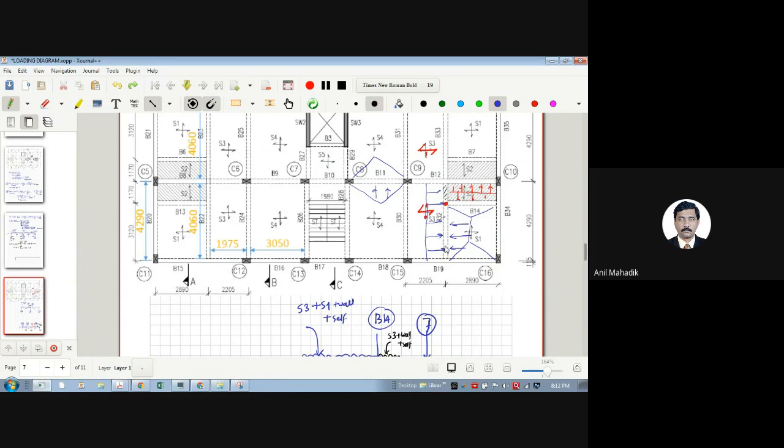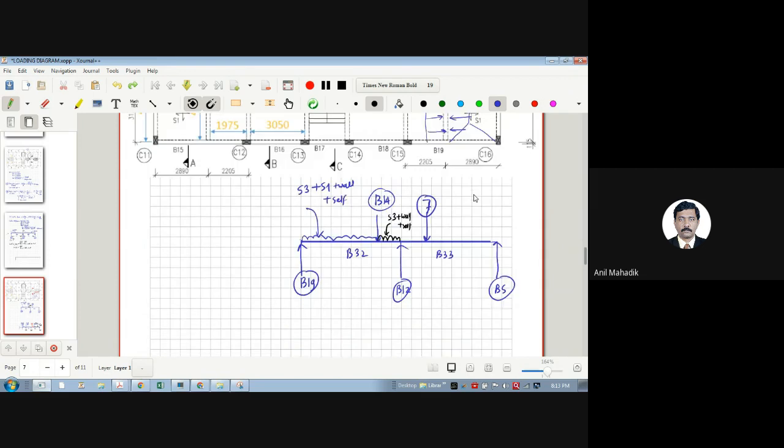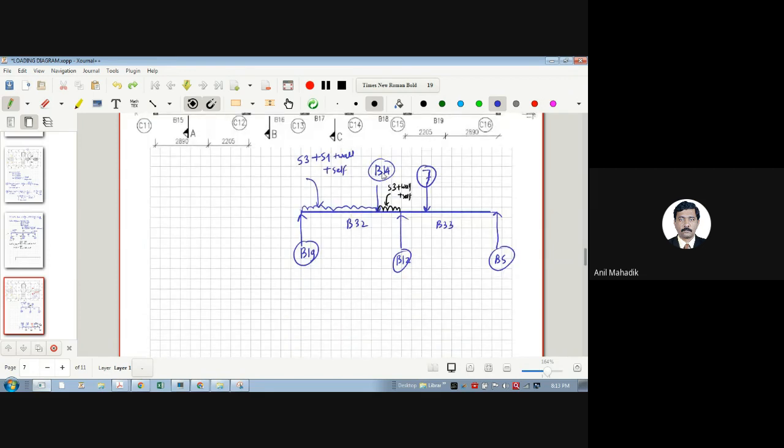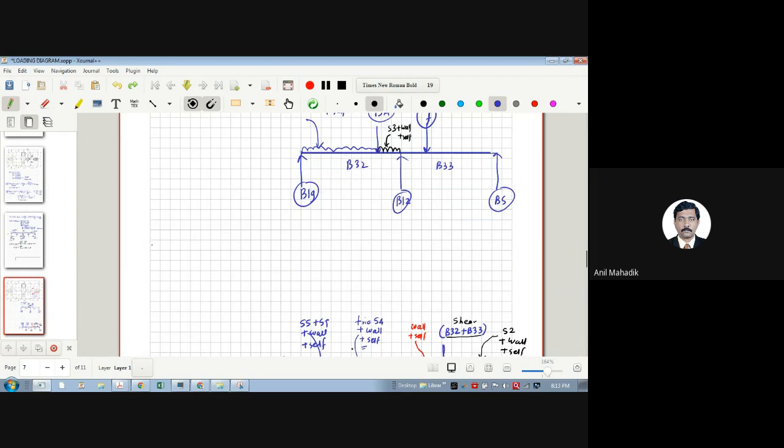So I would say B12 is primary one. So yeah, B14 is transferring to B32, B32 is transferring to B12. समझ में आ रहा है? So what loading diagram should I draw first? B14. And even though you forget it, don't worry, कहाँ तो समझ में आएगा ऐसे, अरे हाँ यहाँ भी B14 चाहिए। So now let's draw the loading diagram of B14.